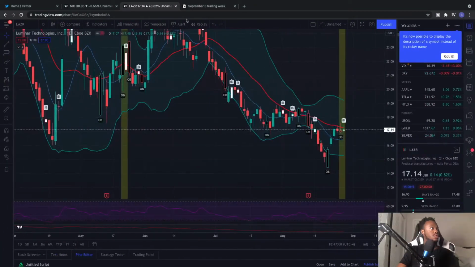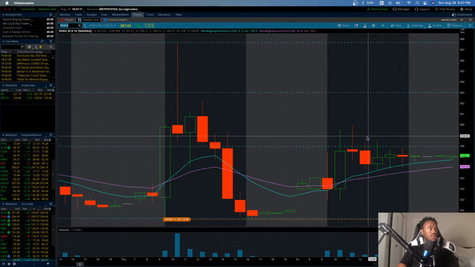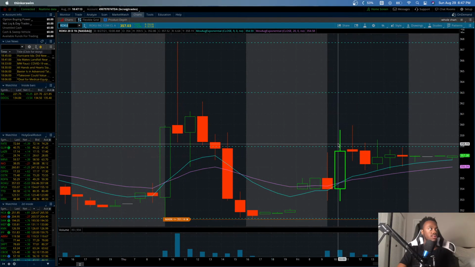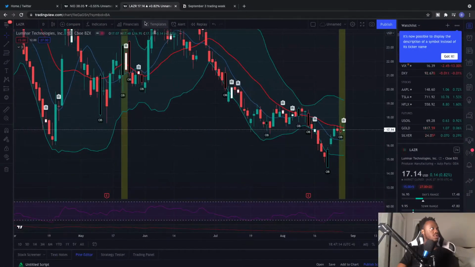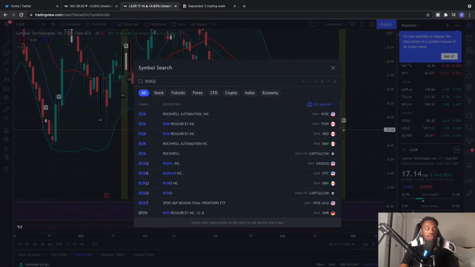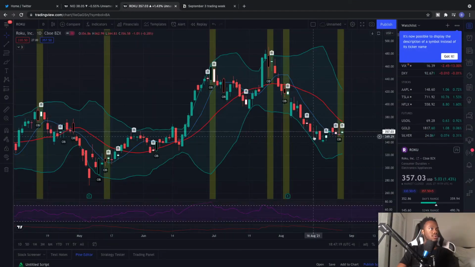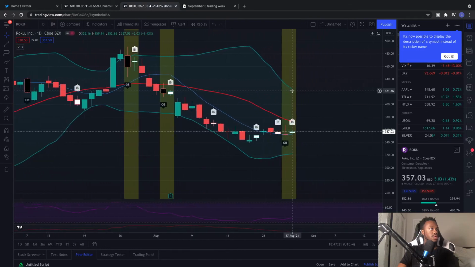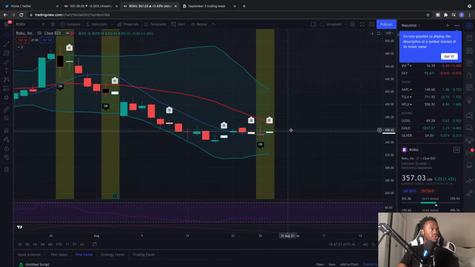Okay, and then it's kind of rejecting that upper level there. I'm really noticing that. So let's pull Roku up here. Okay, interesting. I'm not too sure what Roku is going to do. It's getting really tight in here though, so I'm expecting some movement soon. But let's go ahead and mark it out.